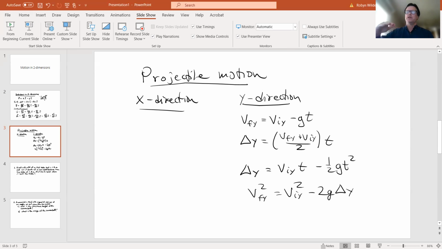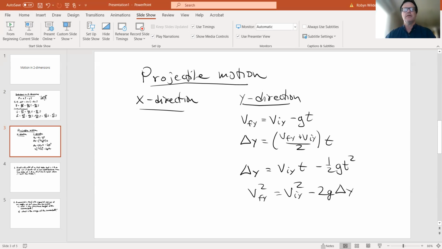What about the x direction or the x components? So in the x direction, is it a constant acceleration? Well, yes, it is. In fact, if we neglect air resistance, as we are going to do, we'll talk about air resistance maybe a little later, but for now, we're going to say acceleration is 0 because there's no horizontal forces, nothing pushing it, slowing it down, or speeding it up in the x direction.